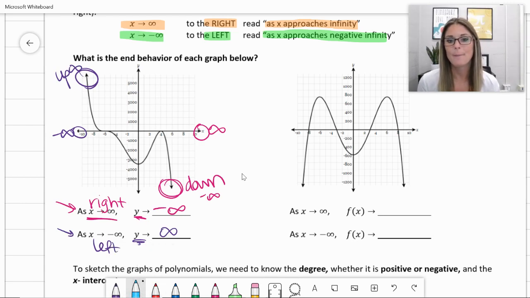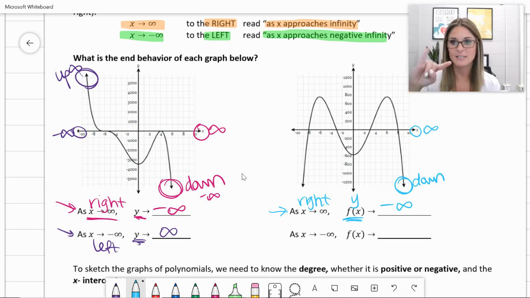Number 2, as x approaches infinity. So on my x-axis, as it goes to infinity, that's to the right. Ooh, look here. Delta Math used a different notation here. This still means y. Let's see what the y values are doing. So I'm looking at my right arrow. It's going down. So my y, or my f of x, is approaching negative infinity.